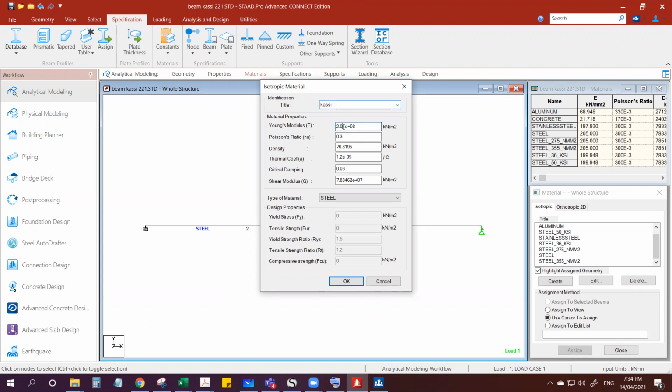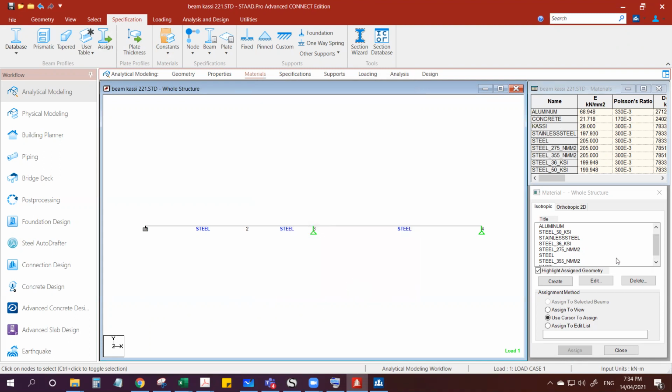So this is 205, but I only need 28, so that will be 0.28. Yeah, 0.28. And this is already good.